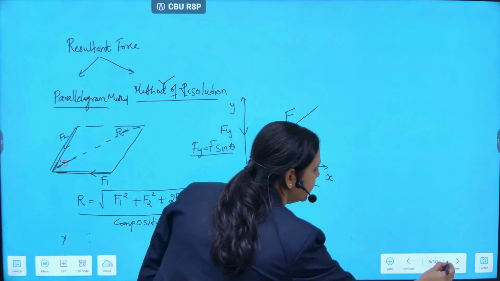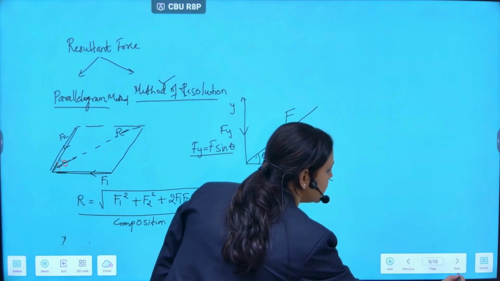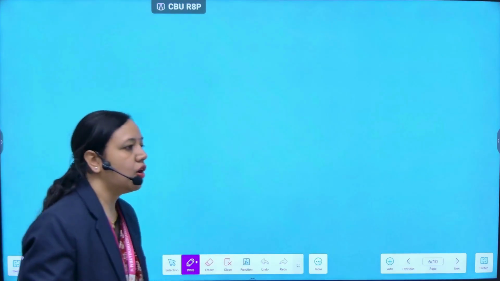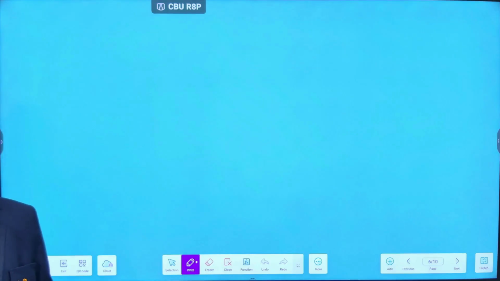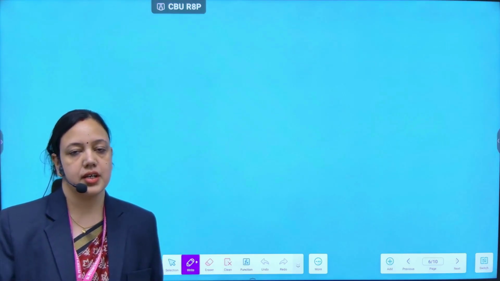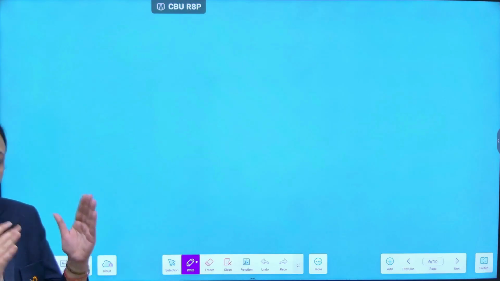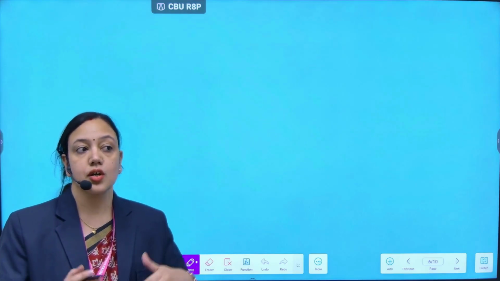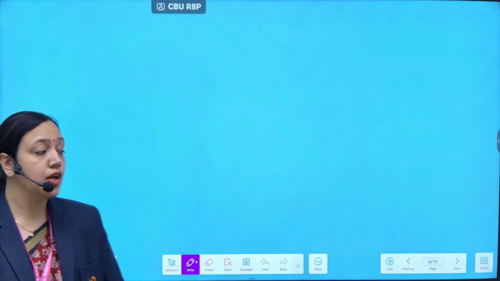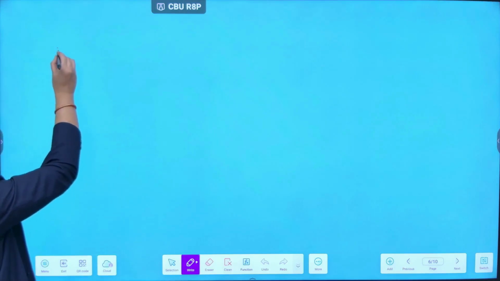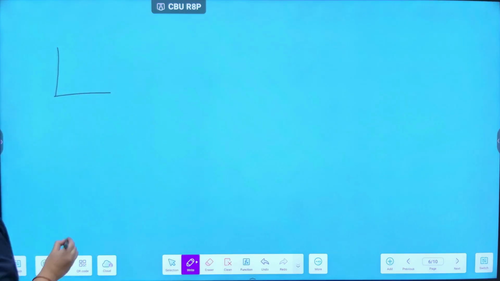Now one shouldn't think that this is a universal law, that our horizontal component is F cos theta. It is not a universal law. It only depends upon the angle the force is making with the respective axis. I'll explain with a simple diagram.